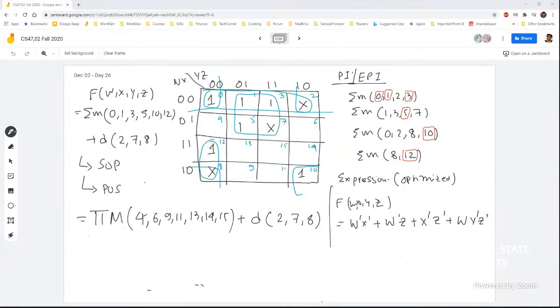So that becomes your optimized expression for that function. Make sense? Yep.